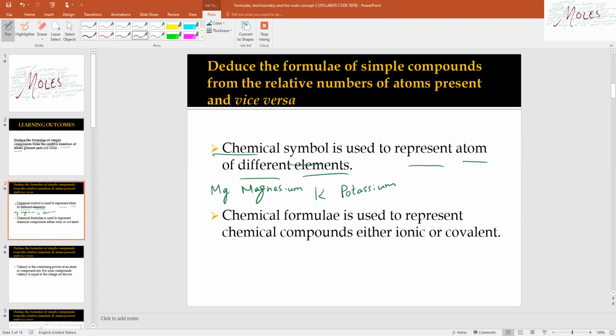Chemical formula is used to represent chemical compounds, either ionic or covalent. For instance, NaOH is the chemical formula of sodium hydroxide.